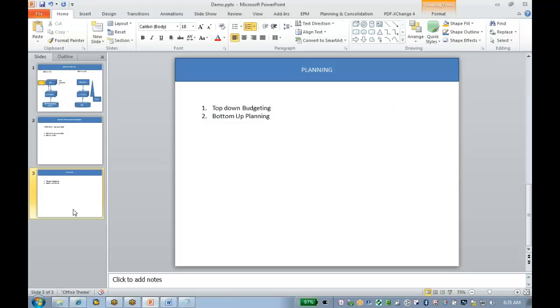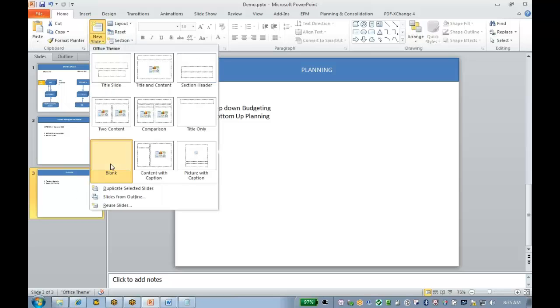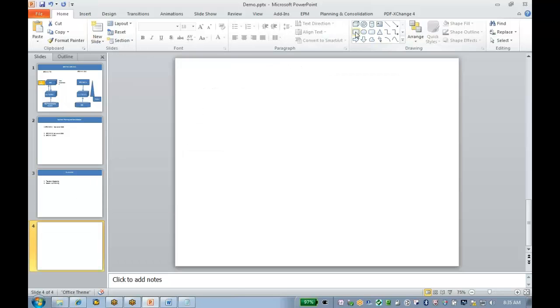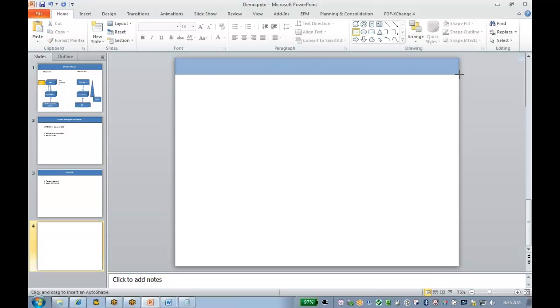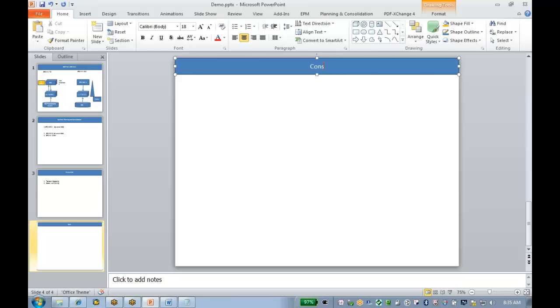Then I have another tool called consolidation. Consolidation is basically to consolidate your data at a top level.